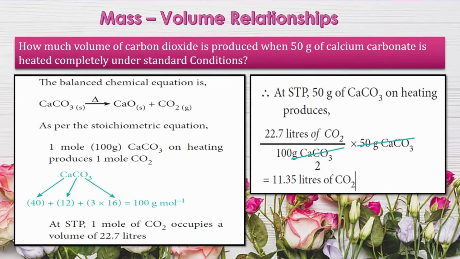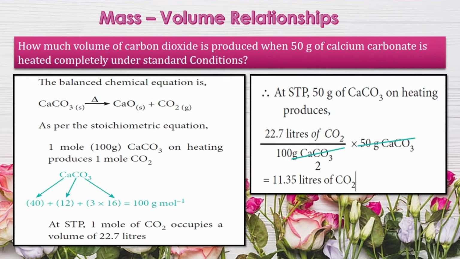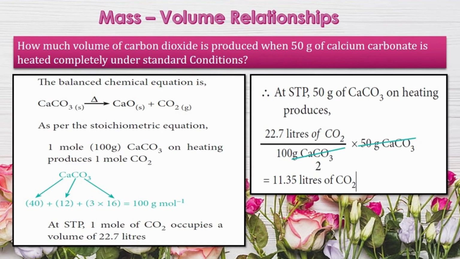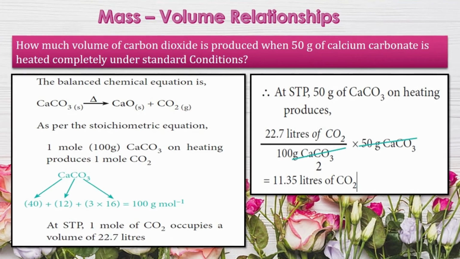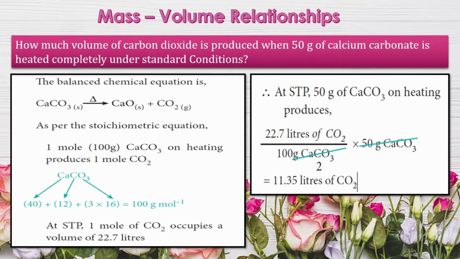Now let us understand the relationship between mass to volume with the help of a numerical. Here the question given is, you have to calculate how much volume of carbon dioxide is produced when 50 grams of calcium carbonate is heated under standard conditions.